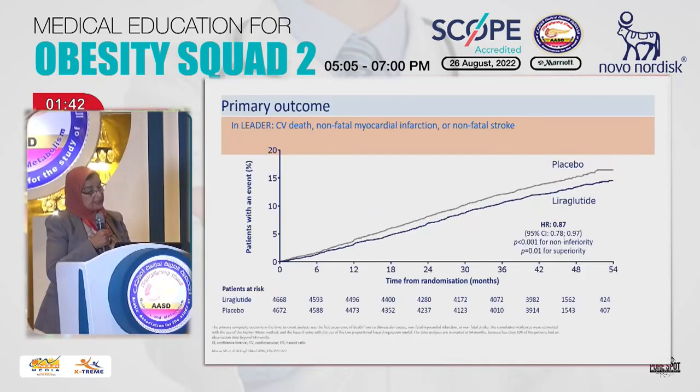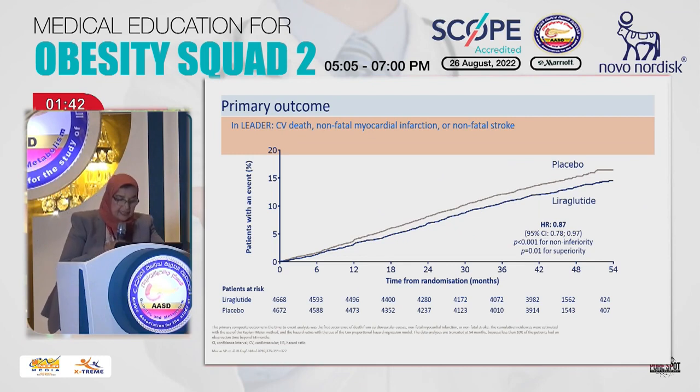And this is seen in the LEADER study, which studied liraglutide for those patients having definite cardiovascular risk, in comparison with placebo.